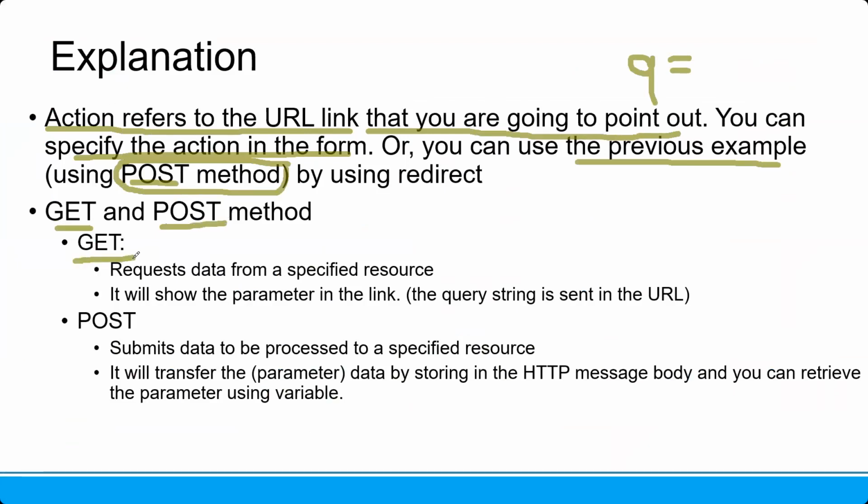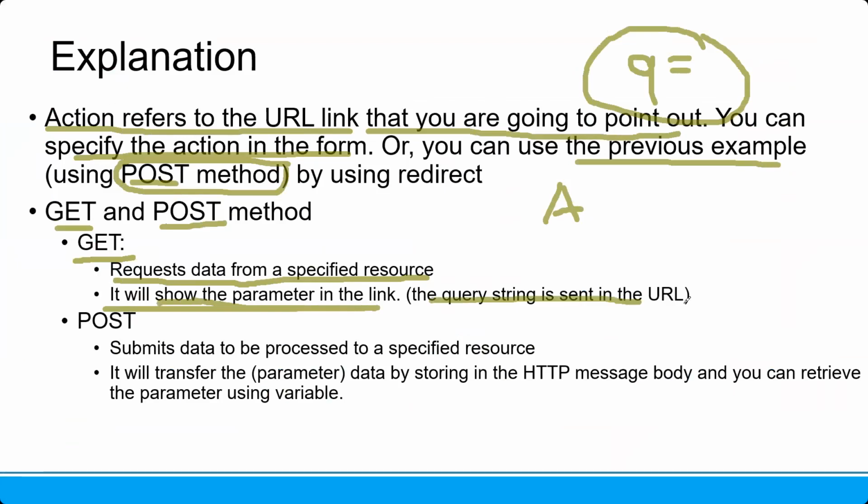For the get, it requests data from a specified resource, and it will show the parameter in the link. Okay. So whenever you ask, okay, I want to know someone with the name A, then it will be shown in the link. The parameter link will show the information. So the query string is sent in the URL.